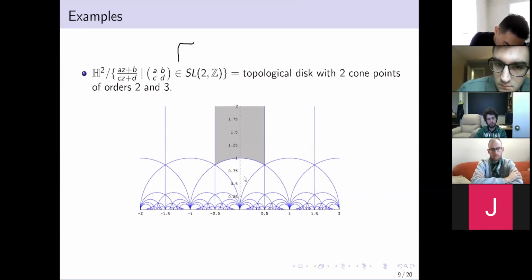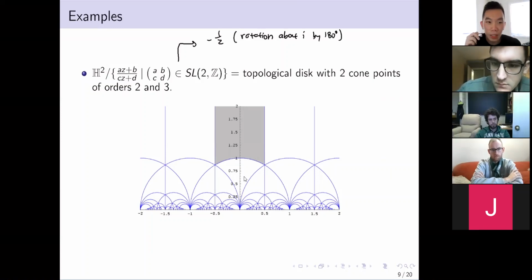I can say that the generators of this group include -1/z. And this acts like a rotation about i of order 2, so by 180 degrees. It's not really a rotation, it's more like a hyperbolic rotation of the upper half plane.